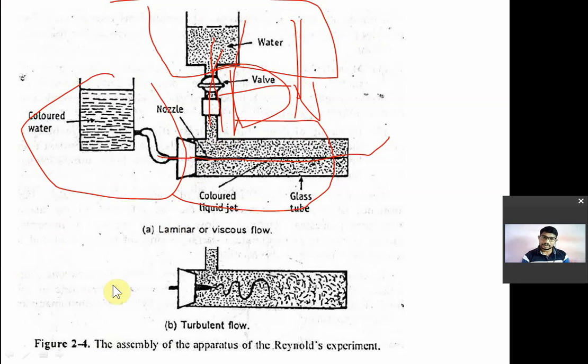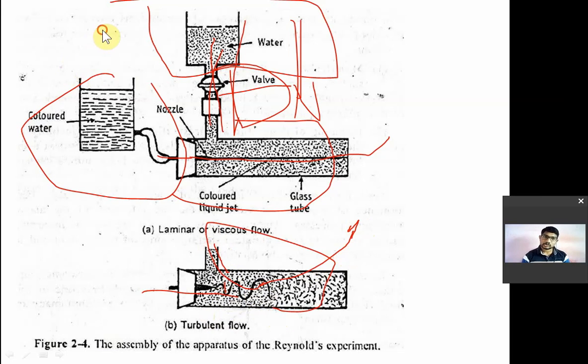At that time, this colored solution will get disturbed. The colored solution will get mixed up with the water because of eddy diffusion at a higher flow rate. There will be a strong interaction between the water introduced and the colored solution, and the water will get colored. This type of flow is known as a turbulent flow.